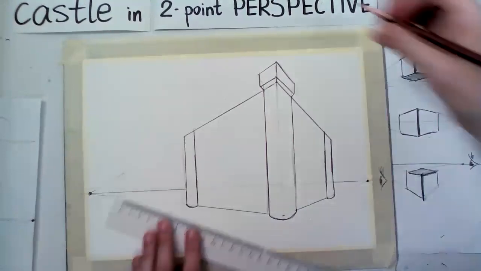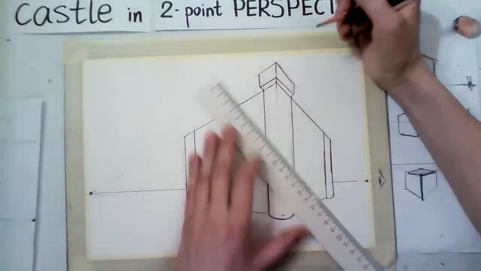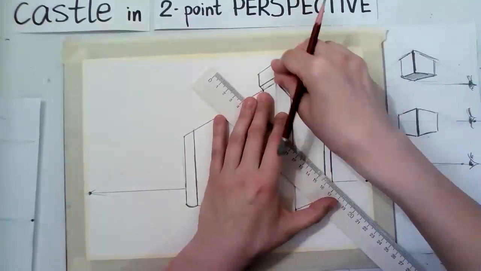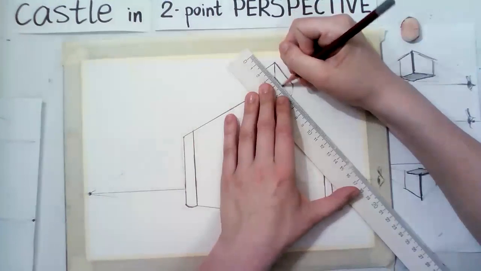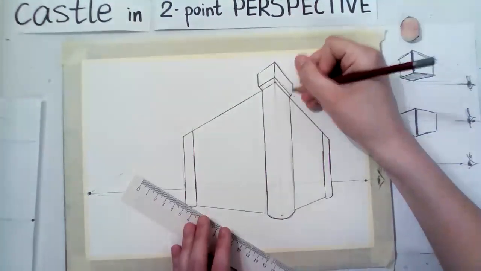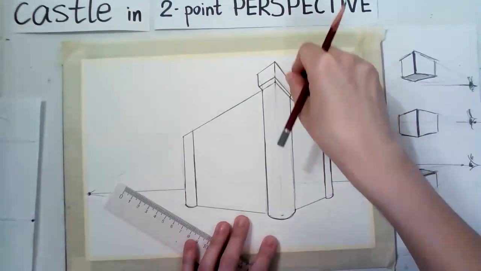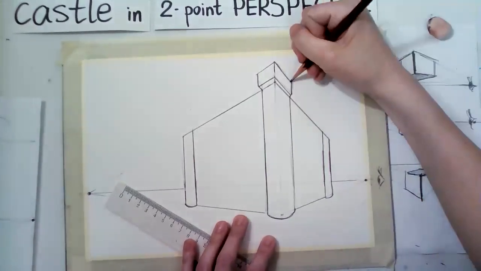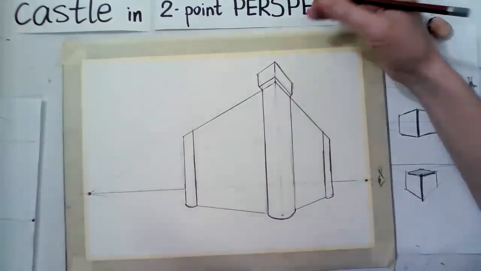Okay, so the idea again is that from these points we are going to the vanishing points. This is where we are meeting. Yeah, so I can prolong here.